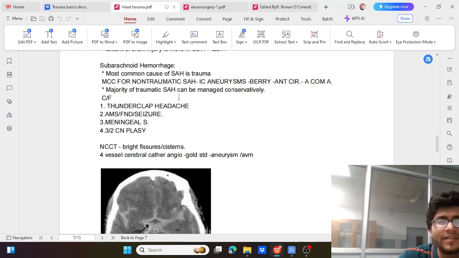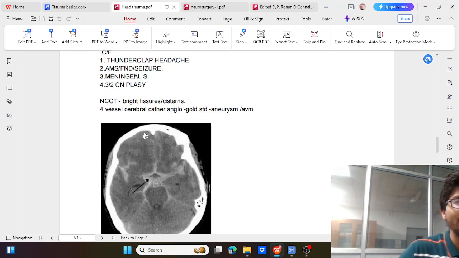Then altered mental status, focal neurological deficit, decreased GCS, or the patient having seizures, fits, meningeal signs or symptoms in the form of nuchal rigidity, neck rigidity, or second or third cranial nerve palsy. So these are some clinical features.